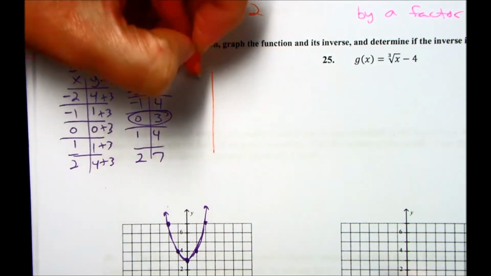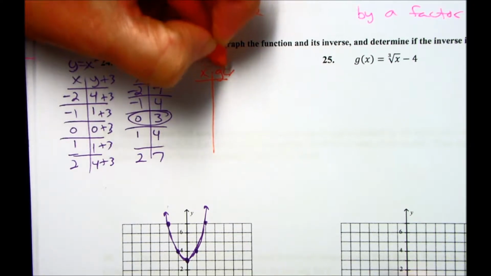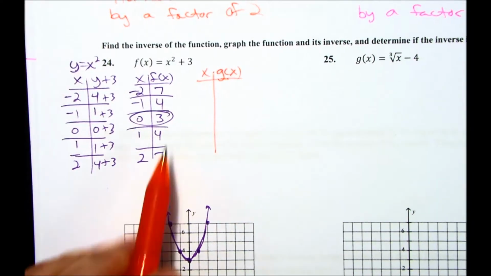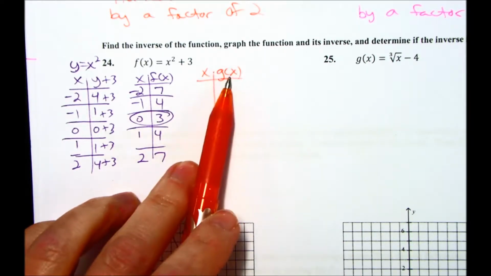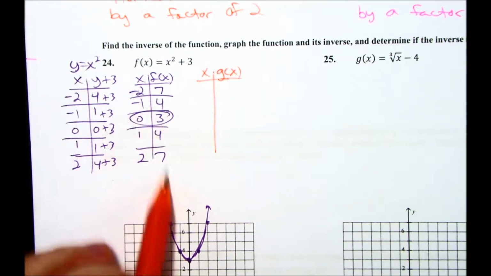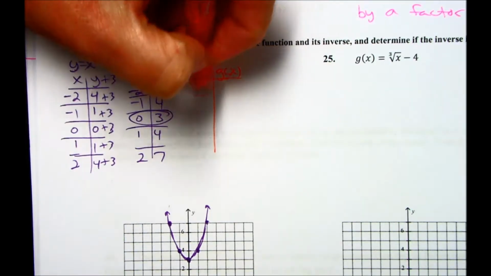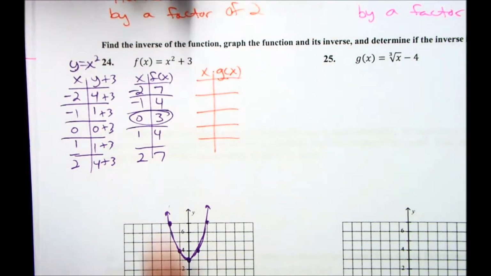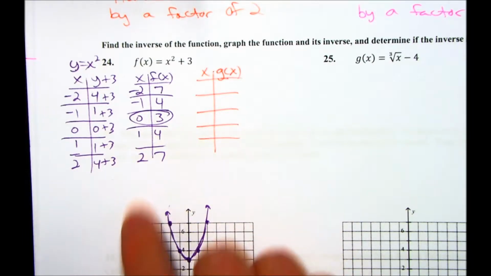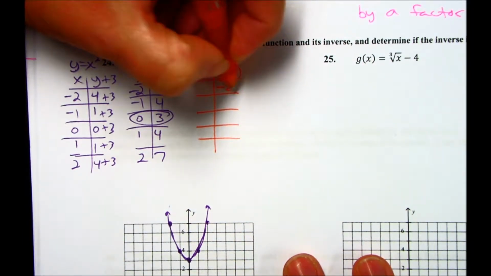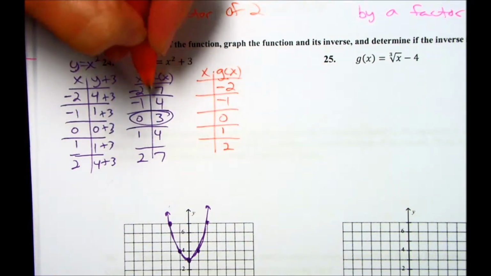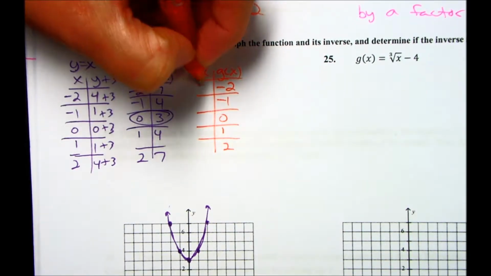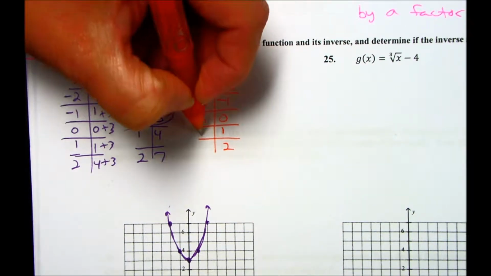And again, when you graph the inverse, whether you call it f inverse of x or g of x, you could just simply switch or flip the x and y values. So instead of x being -2, -1, 0, 1, and 2, those would now be your y values, or your output values, and your output values are now going to be your input values.